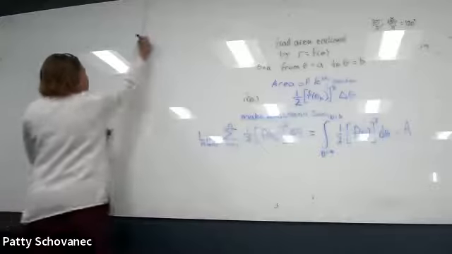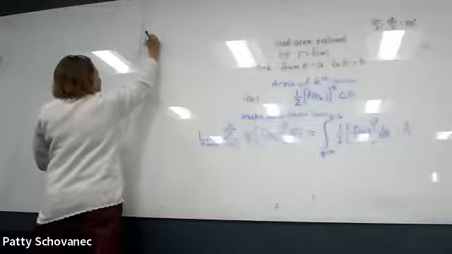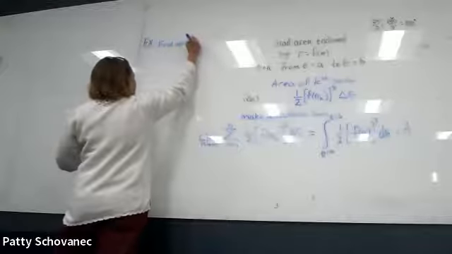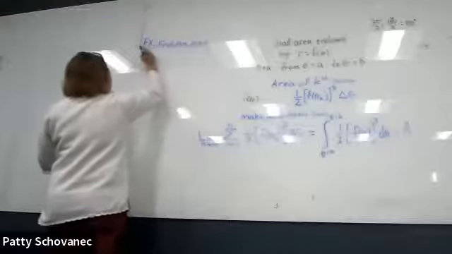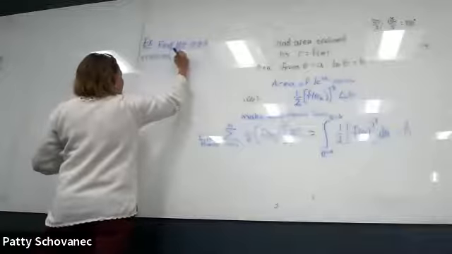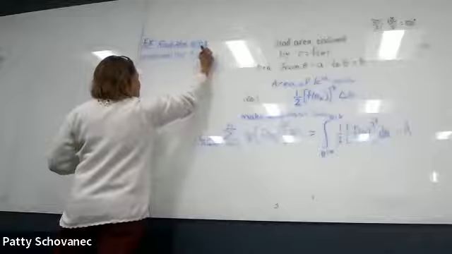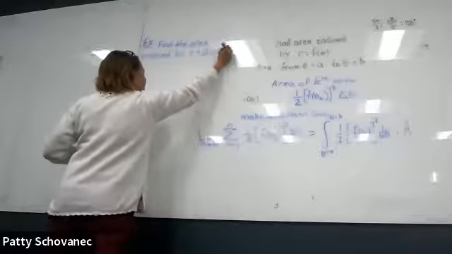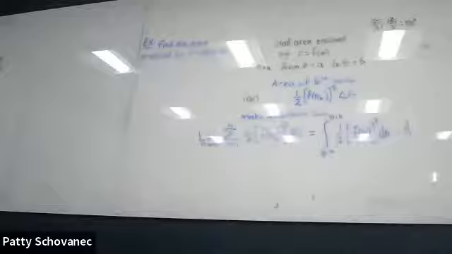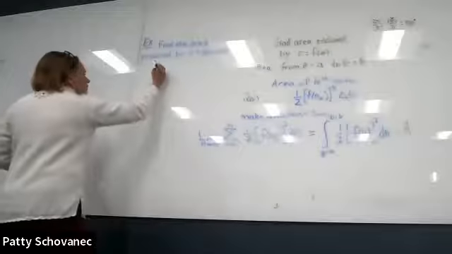Okay, so here's our example. Find the area enclosed by r equals 2 times the cosine of theta, which was this circle over here.